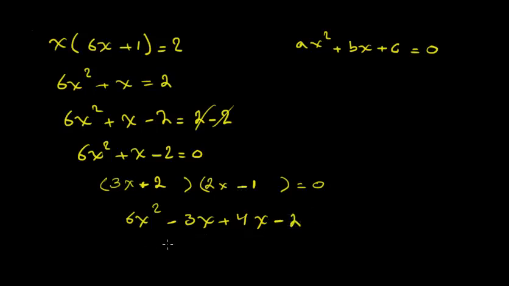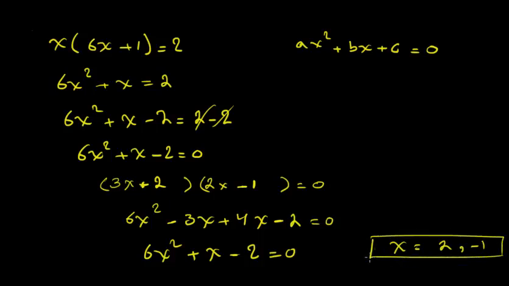Now we can simplify, and we'll have 6x squared minus 3x and positive 4x will give us just x, and minus 2 equals 0. So our set is 2 and minus 1. So this is the set of solutions for our example.